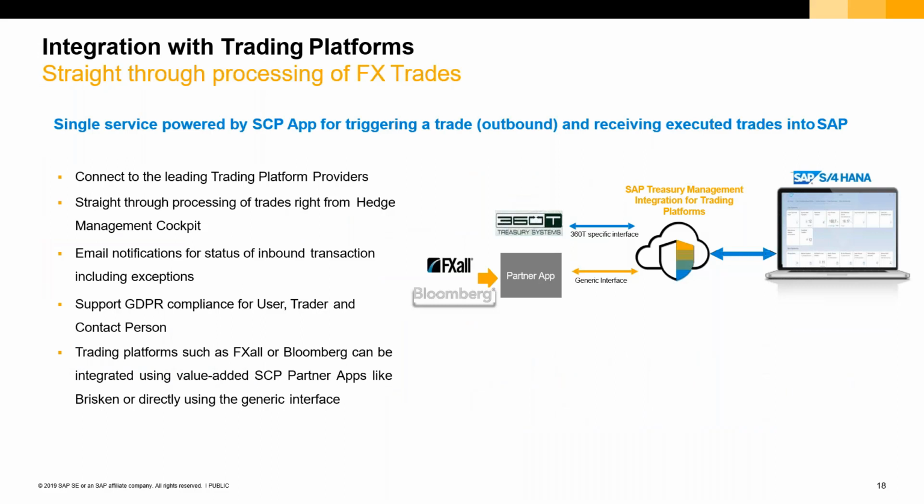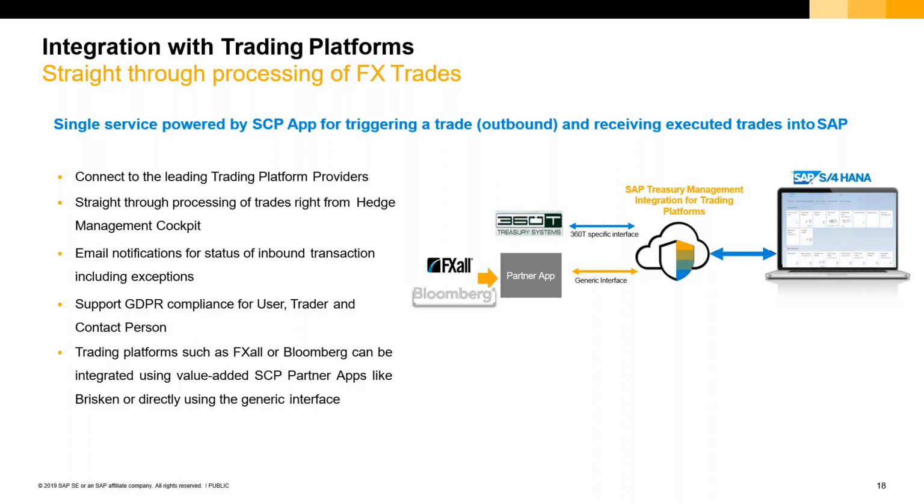This is an example of how SAP is delivering the full ecosystem of processes. We have integration, native integration built with the trading platforms. And it's a single service powered by SCP. SAP loves to use abbreviations. SCP stands for SAP Cloud Platform. It's an app that is delivered for triggering the outbound trade, and you can receive the executed trades automatically into SAP, where they are tracked and managed for the rest of their life cycle.